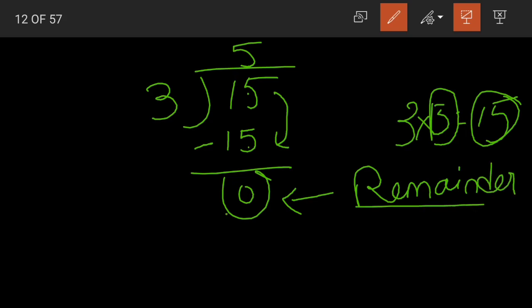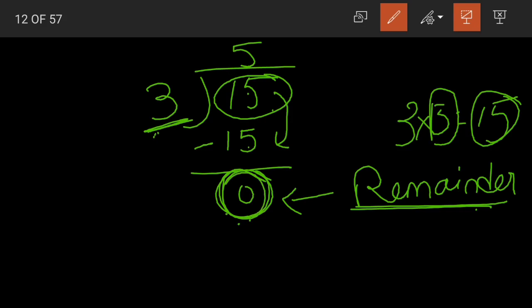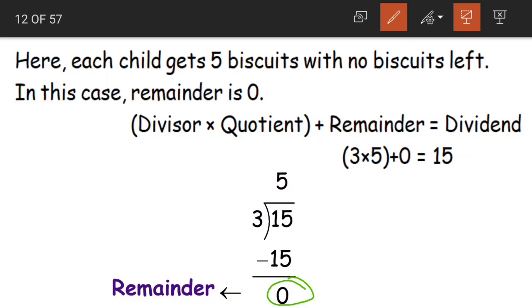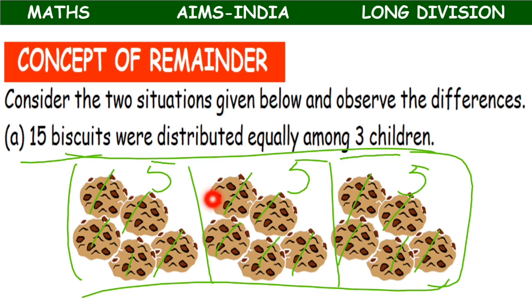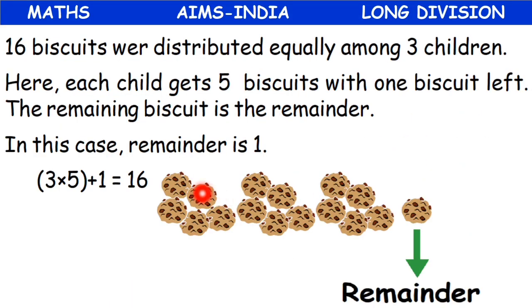So this 0 becomes our remainder. When the 0 is remainder, what do we mean? We mean that the number of objects were equally distributed among the given groups. 0 is remaining. As in the given example, the 15 biscuits were equally distributed among 3 children. Each child got 5 biscuits.